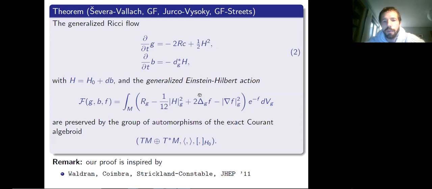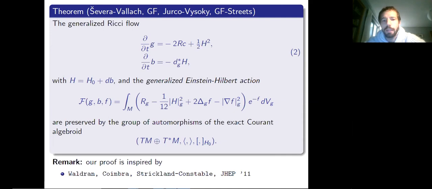The generalized Ricci flow under natural assumptions is well understood as a gradient flow for this function, but you need to involve another quantity, which is a function. These two quantities are preserved by the group of automorphisms of the exact Courant algebroid, given by fixing one of the closed 3-forms in the cohomology class.